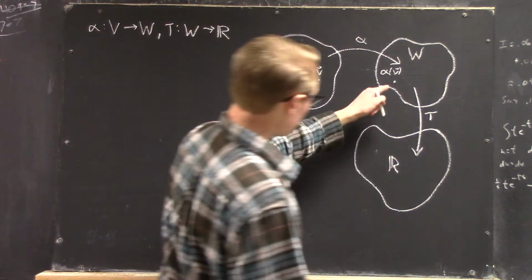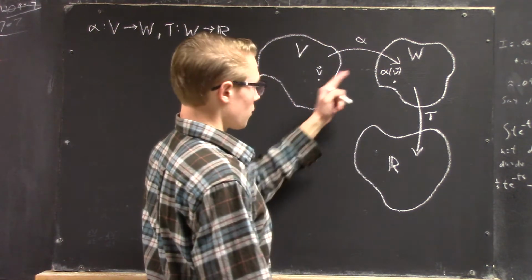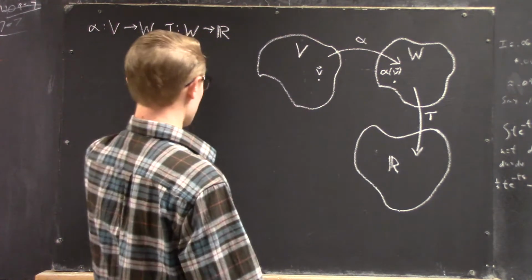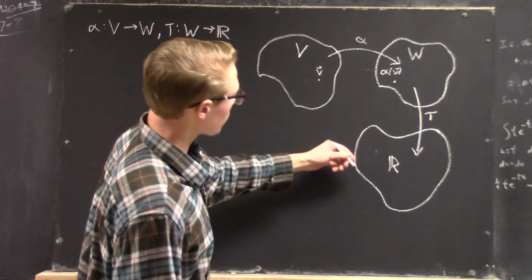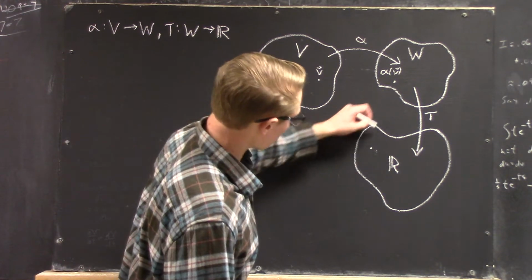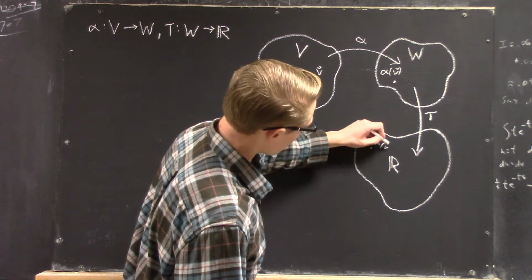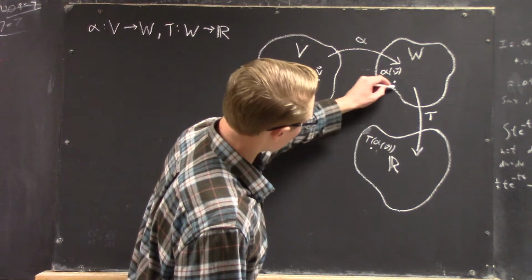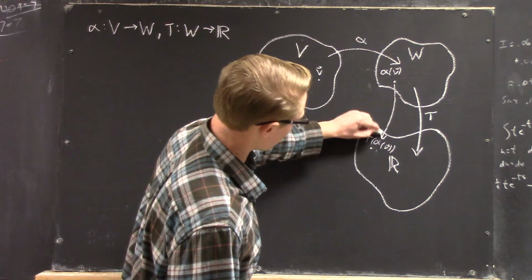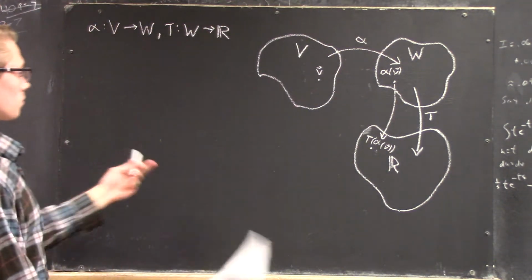Well, if we transfer a vector over here, then perform this transformation to the set of all real numbers, we would get T of alpha of vector V. We're symbolizing that we have transforms over here. This works.